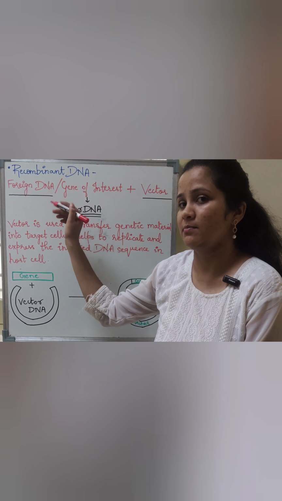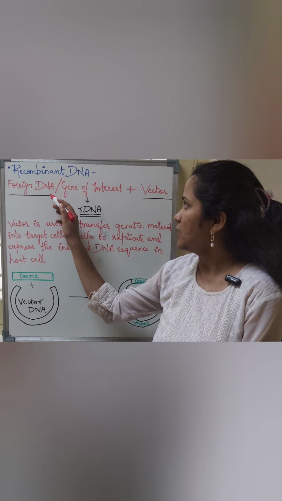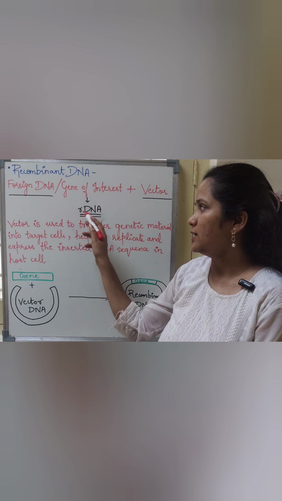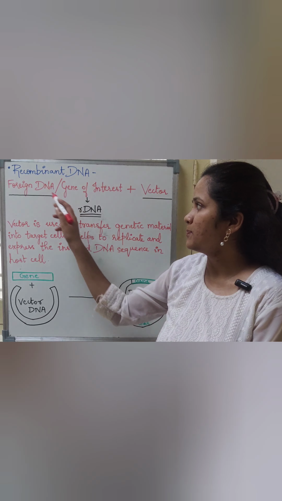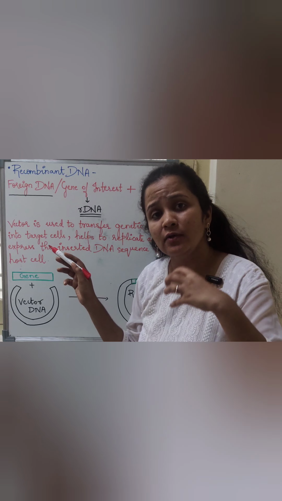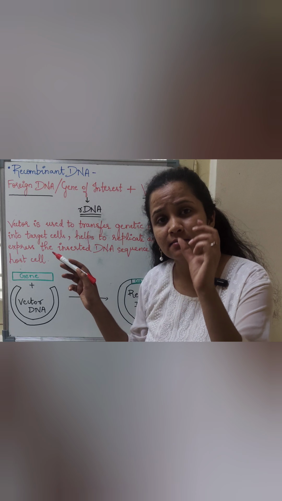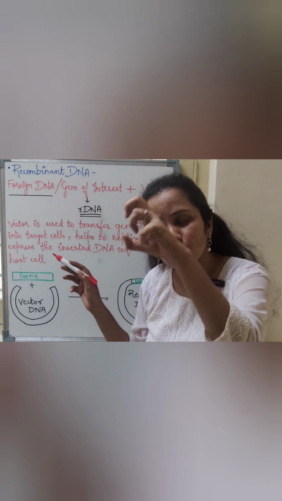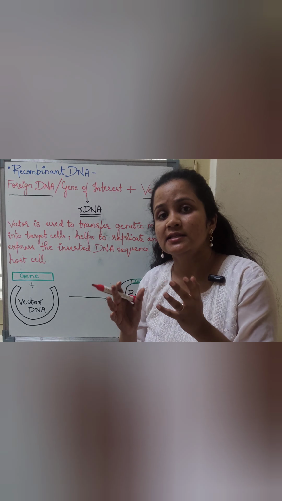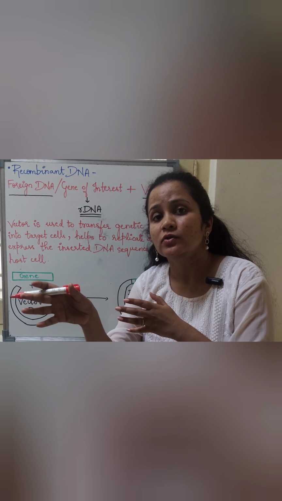Recombinant DNA is nothing but when foreign DNA or gene of interest is combined with a vector, we call it recombinant DNA. Foreign DNA or gene of interest is the character we want from a particular organism, that particular DNA we are going to extract. After extracting it, we need something to get into the host.